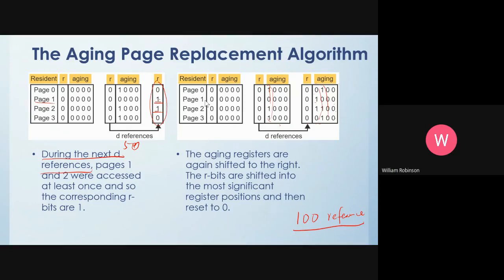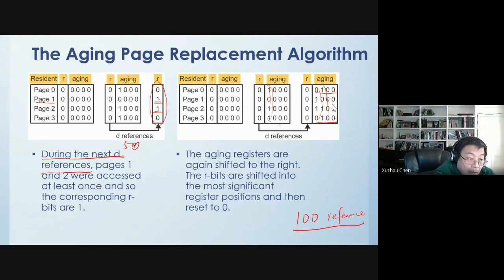I think either page 0 or page 3. They're both the same, so they probably have to pick one at random, but they're the smallest out of all of those. Okay. Page 0 or page 3 will be replaced because if you look at the number, these are the smallest number.